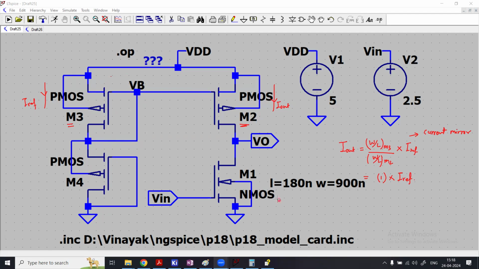Okay, so now why is only L and W of M1 highlighted on the screen? Why not for M2, M3, M4? That I have done. What I will do is press the control button on the keyboard and then right click on M2.